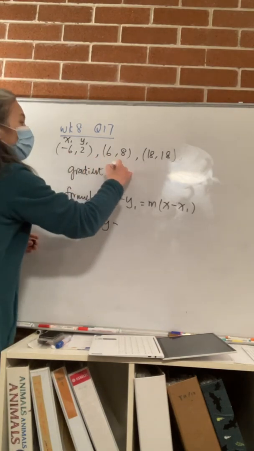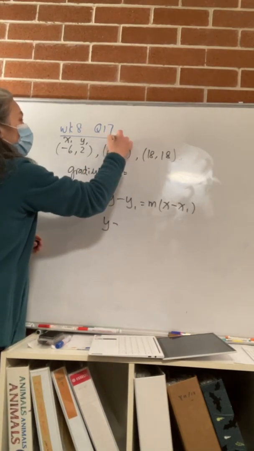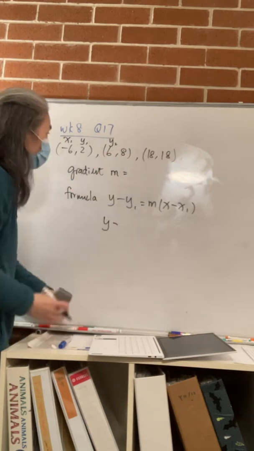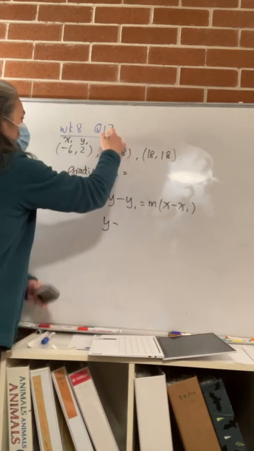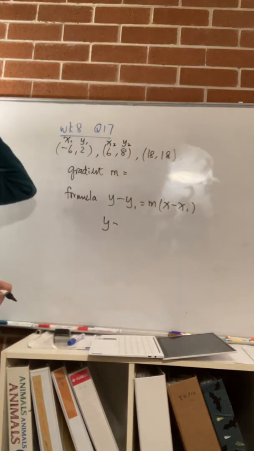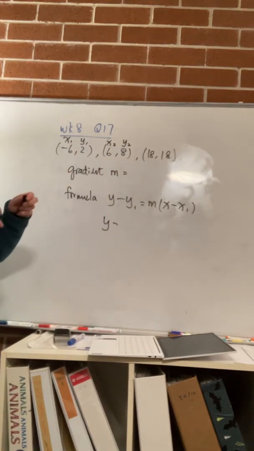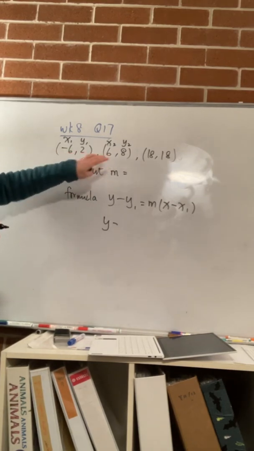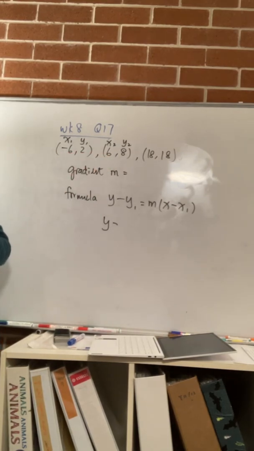So, doing the gradient. If I call it y2, x2, sorry, this one should be x2 and then y2. Then we are going to find the gradient. How do you find the gradient from this here? What should be on the top?